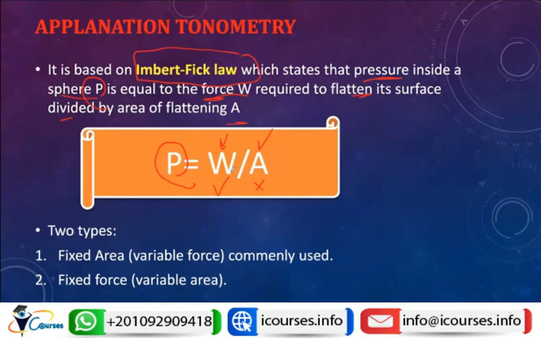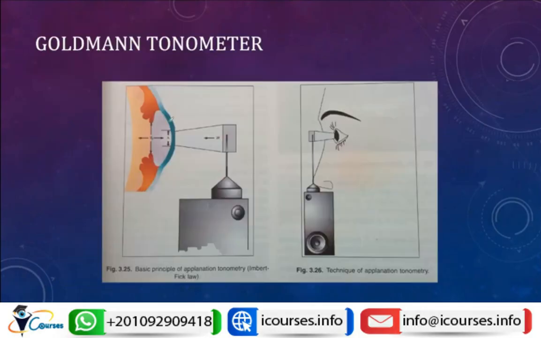In the case of measuring the intraocular pressure, it's much easier to make the weight variable and to have a specific measured flattened area. So here, when we apply the applanation cone, the W, or the force which will be applied to the cornea, will cause applanation of the cornea, making it like a plane surface rather than a spherical surface.